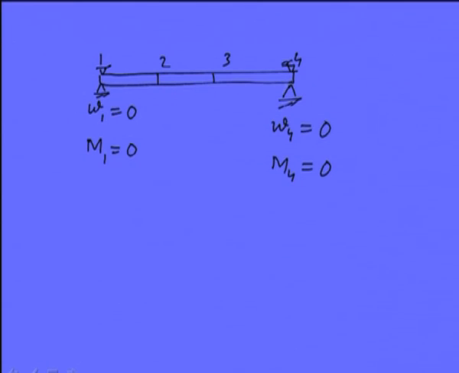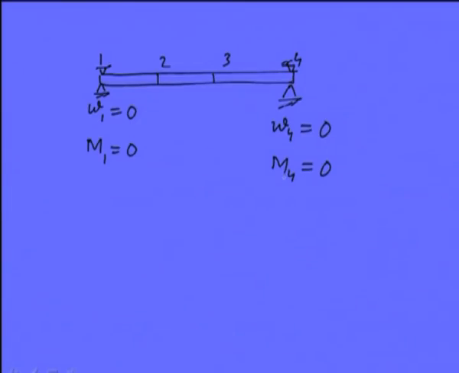Because this is a simply supported end, we will not have the shear force 0, and the slope will also have some finite value, but for other kinds of end conditions we will have different boundary conditions. So these are the boundary conditions we need to apply to our assembled equation.